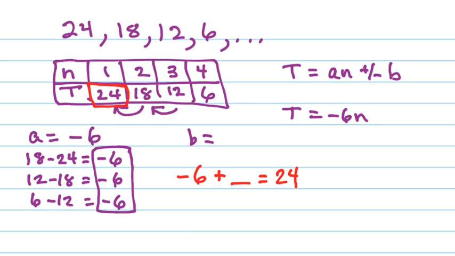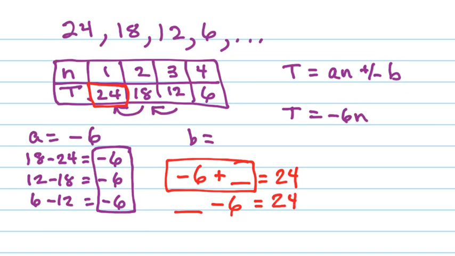Okay? Now, we might want to rearrange this because negative 6 means we're going to be subtracting, right? So what minus 6 would be 24. It's perfectly fine to rearrange this if you want to make it make a little bit more sense because you have a negative number in this case.